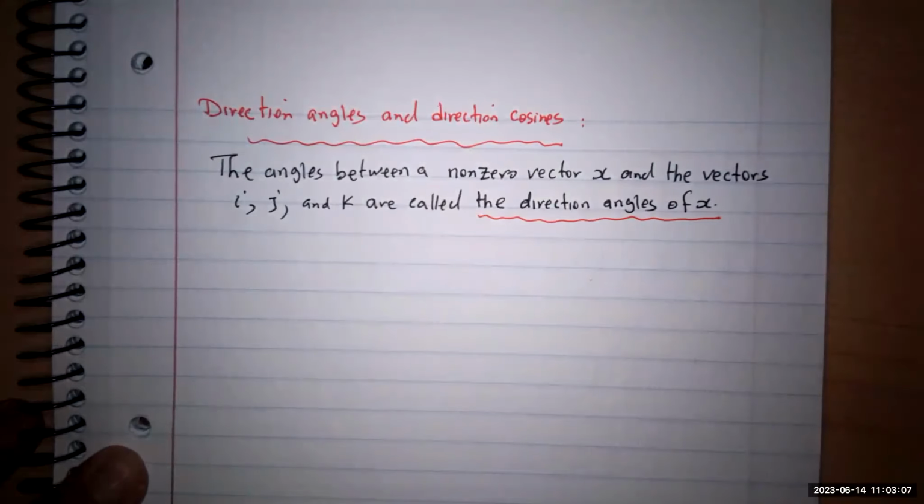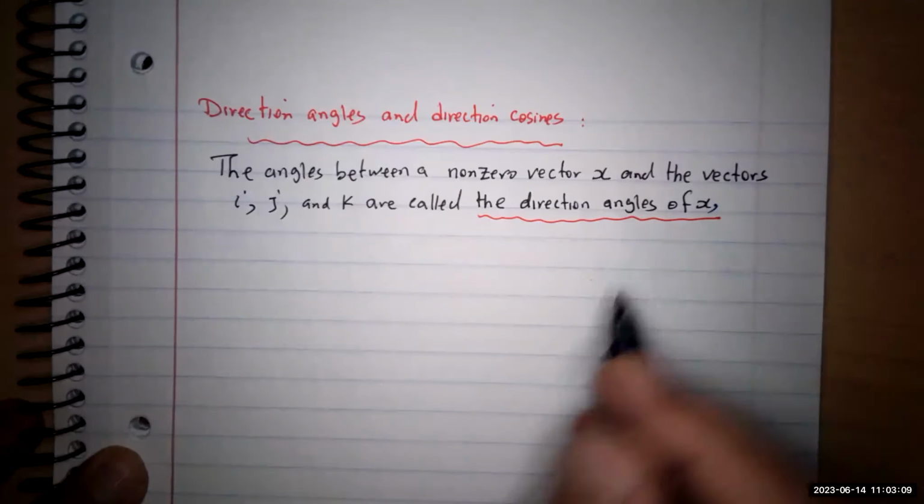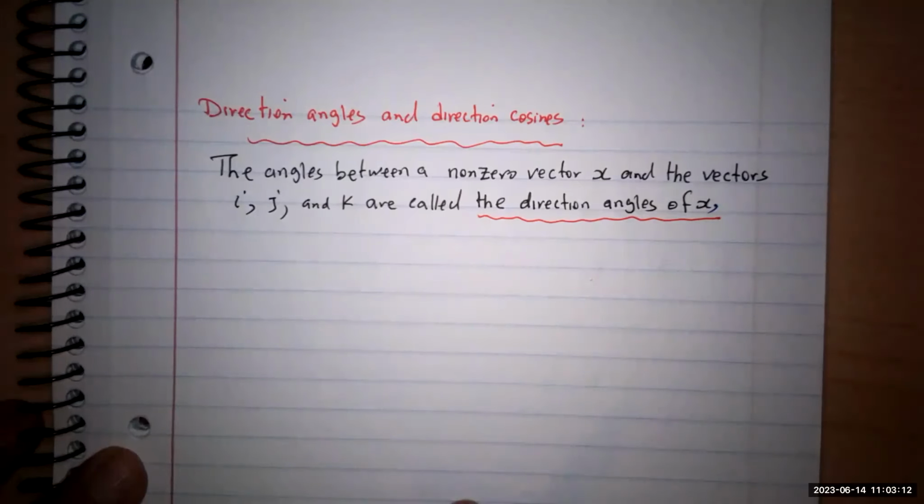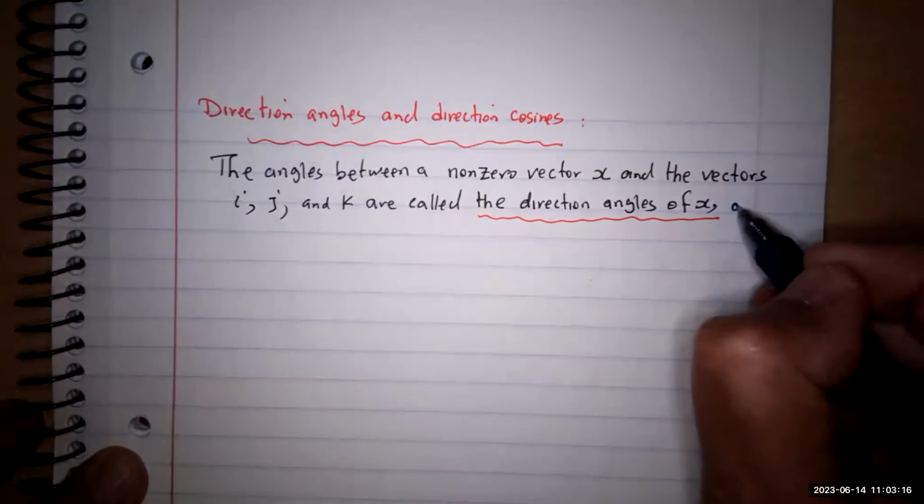And the cosines of these angles are called direction cosines.